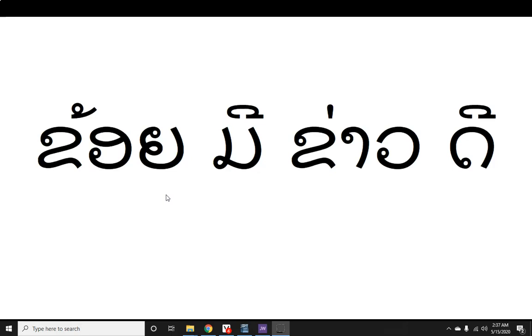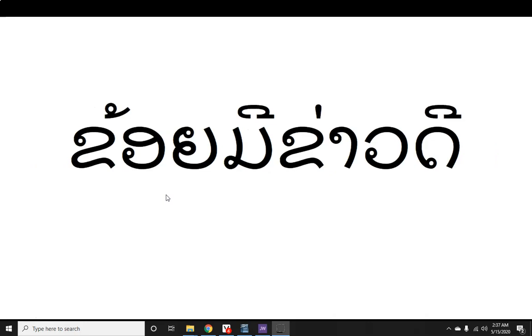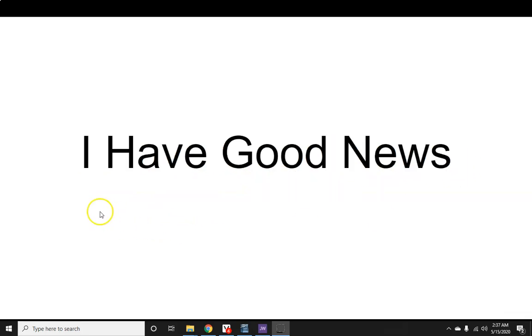This is it broken up into the separate words. But this is generally how it's really written. Koi, me, cow, D. Okay? So what does that really mean?